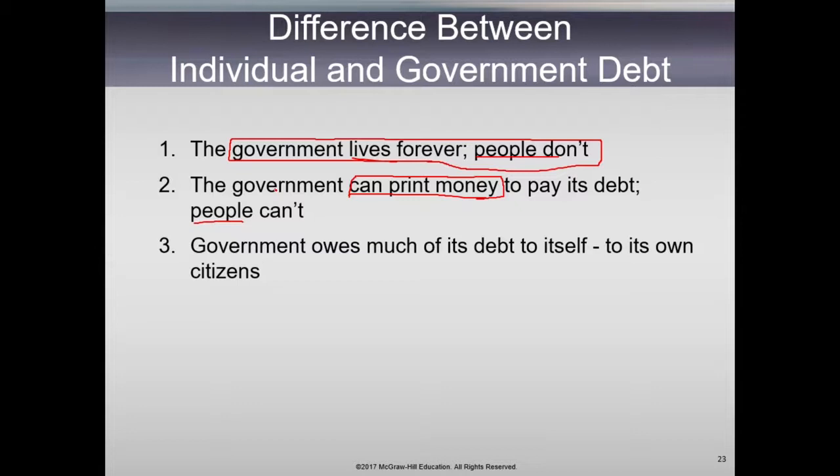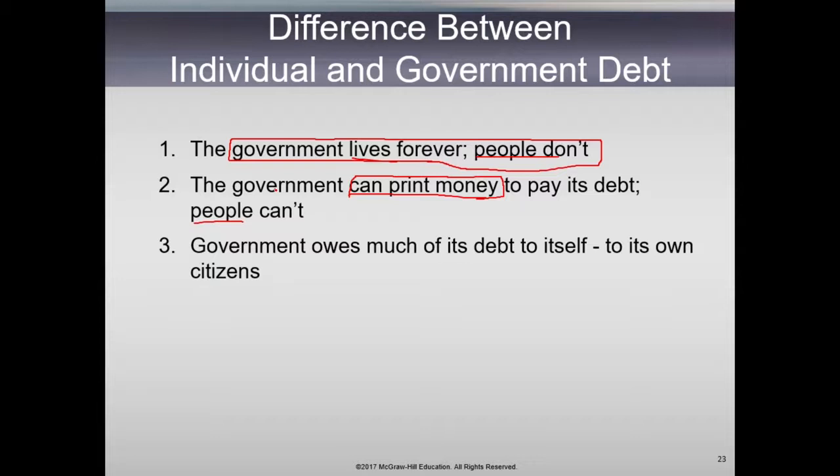The government also, you should know, owes an awful lot of debt to itself, and to its own citizens. When the government owes debt to itself and pays off that debt, it is essentially taking money that you have in the left pocket of your jeans and putting it in the right pocket.